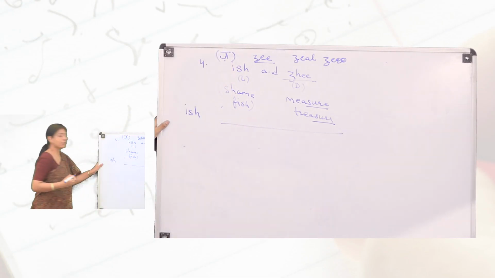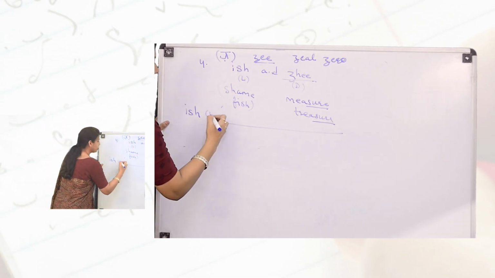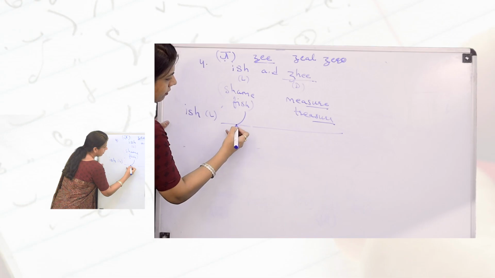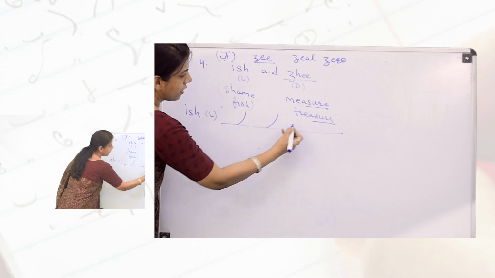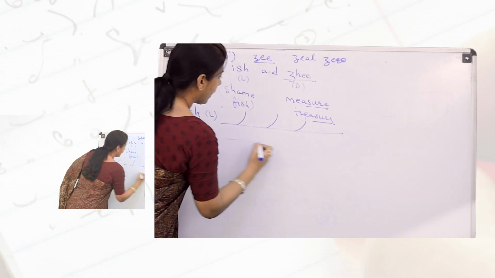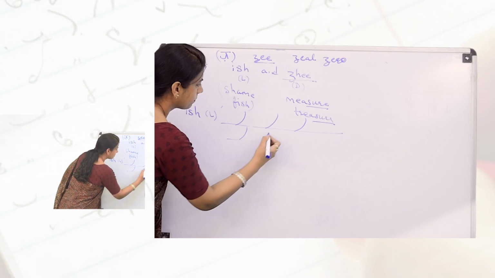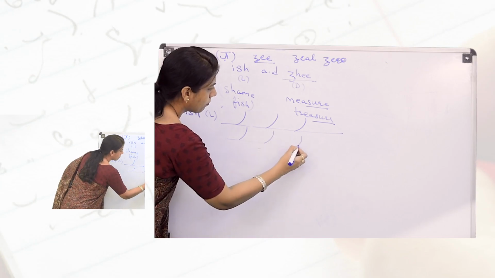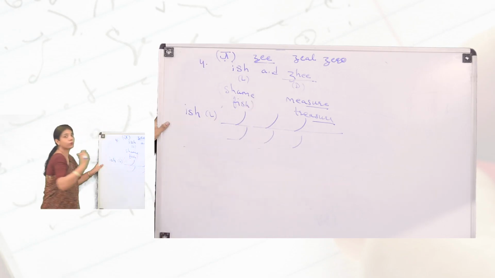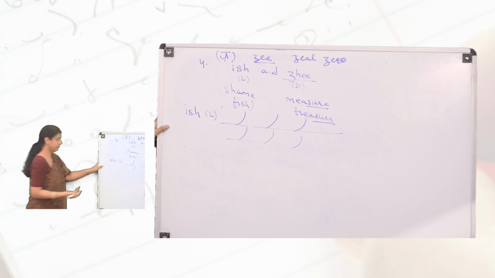Now the sign which is used for ish is a curve from right to left, a light stroke, top to bottom. A curve from right to left, top to bottom, light sign.